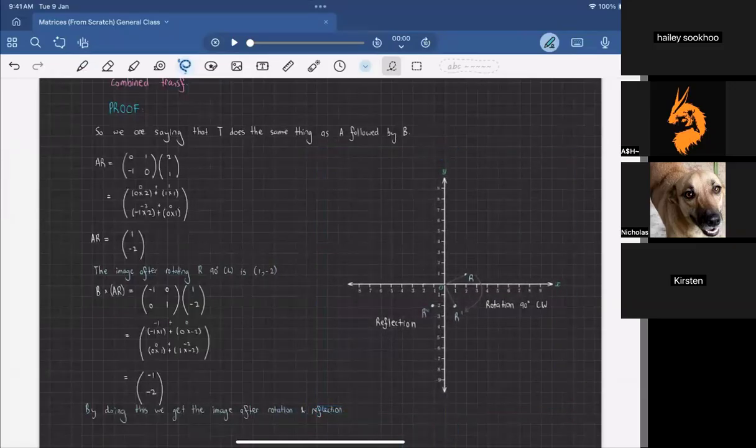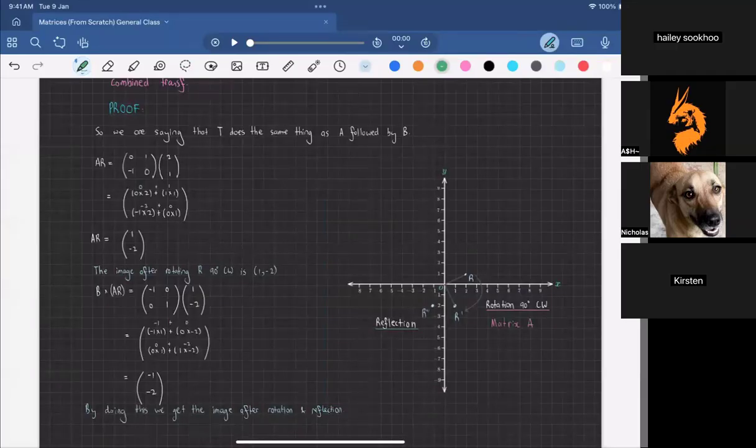Haley, just remind me, the rotation of 90 degrees clockwise. What matrix was that? That was matrix A. And matrix A was the one that rotated 90 degrees. It's okay, I understand if you mix some things up by accident. And what is the reflection?